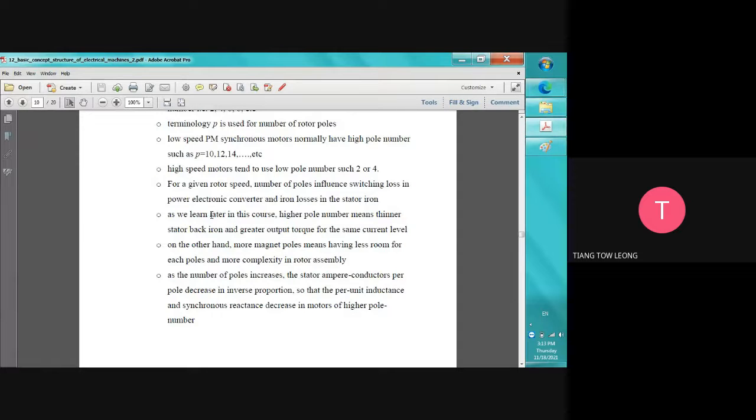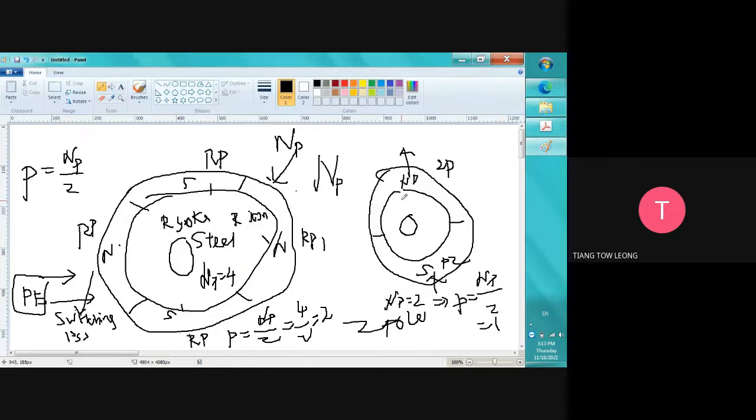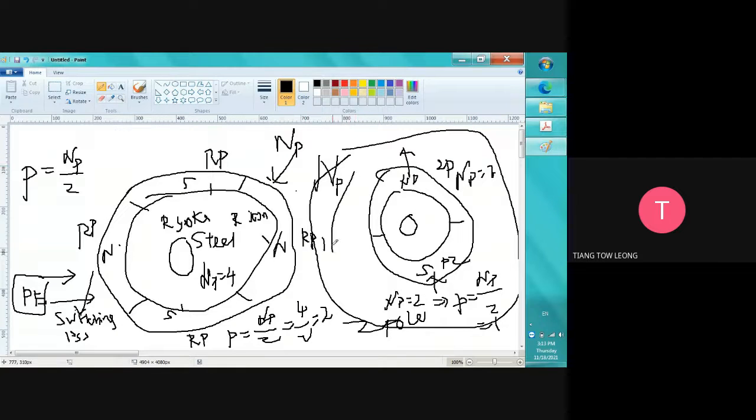As we can learn later in this course, higher pole number means thinner stator back iron and greater output torque for the same current level. Higher pole number means, for example, now the number of poles is 2. The stator back iron is the iron at the outside, the stator side, this part.